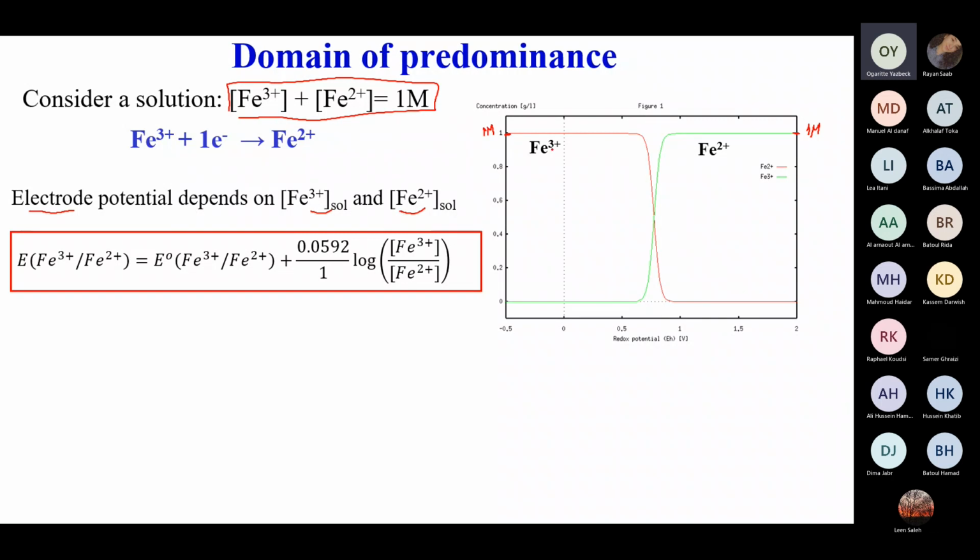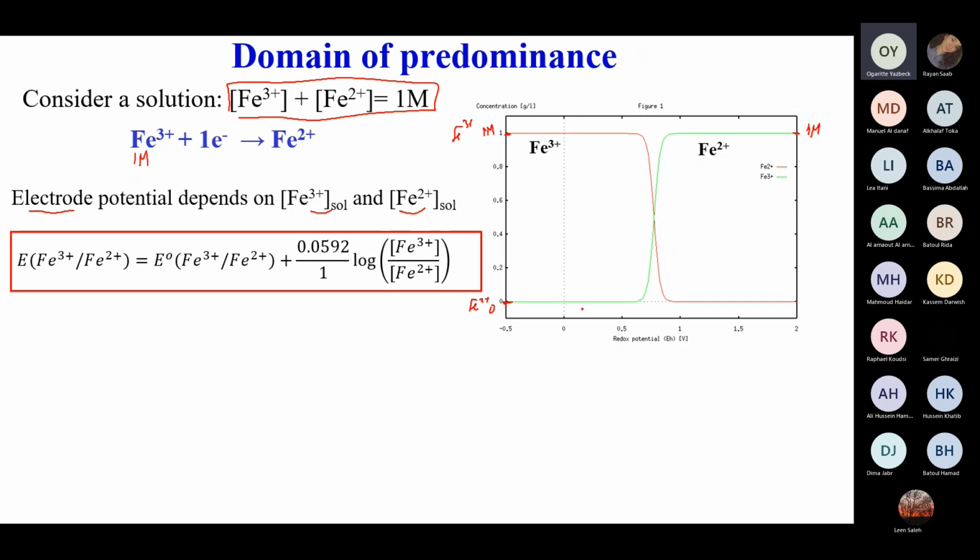Maybe this is 0.6 and this is 0.4, whatever it is, the total stays the same. So they are telling me the Fe2+ starting is 0 and the Fe3+ starting is 1 molar.